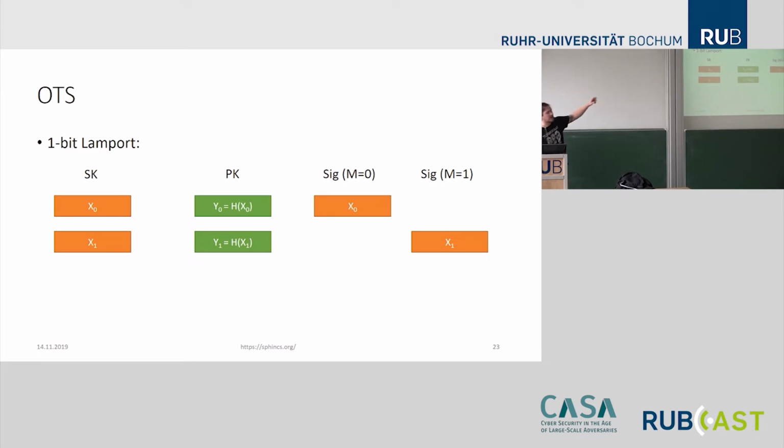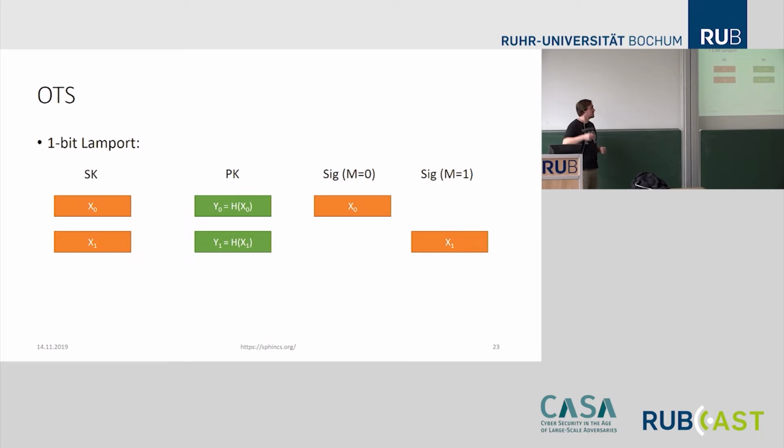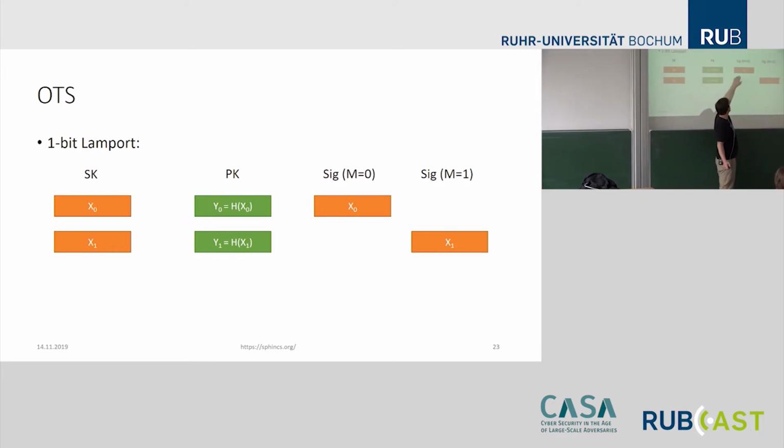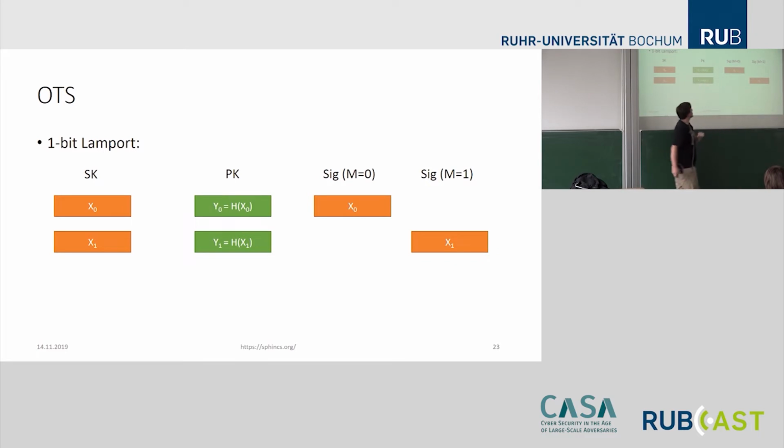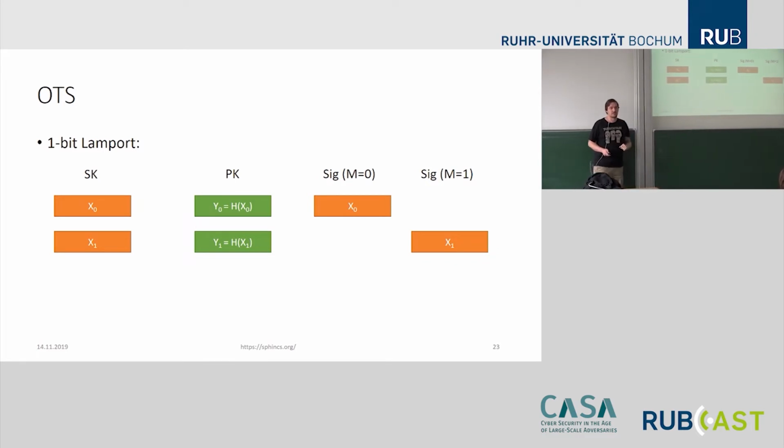And the public keys get the same labels. What a verifier would do is hash the signature and check that the hash actually matches the corresponding public key value. Okay, so if I got the message bit 0, then I hash my signature and check if it matches my Y0 value in the public key.